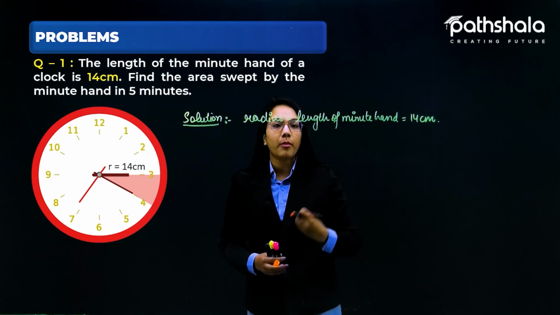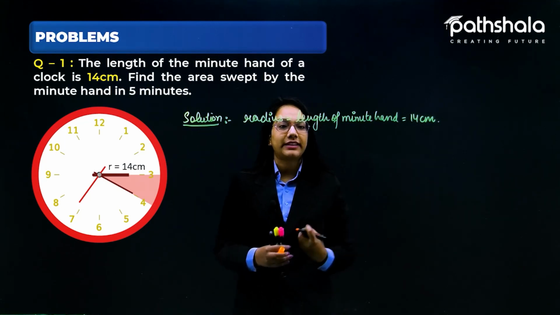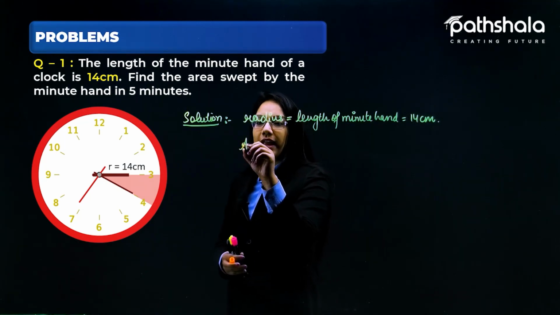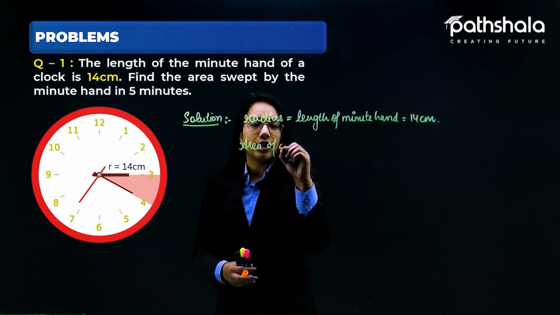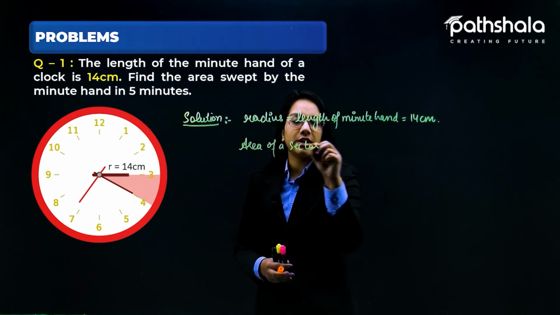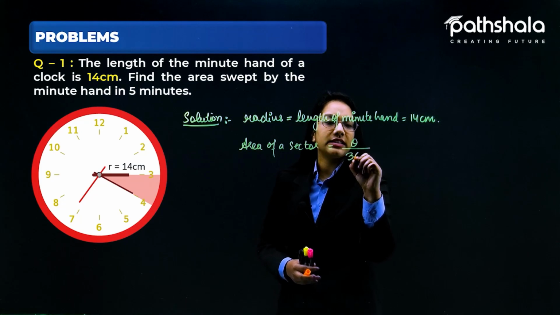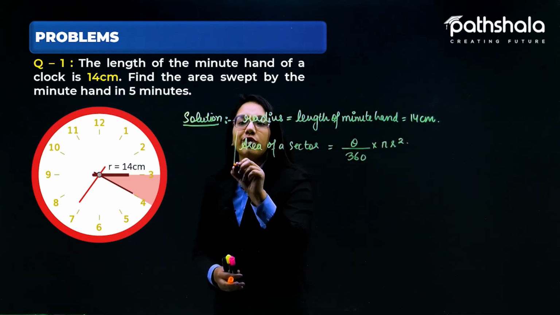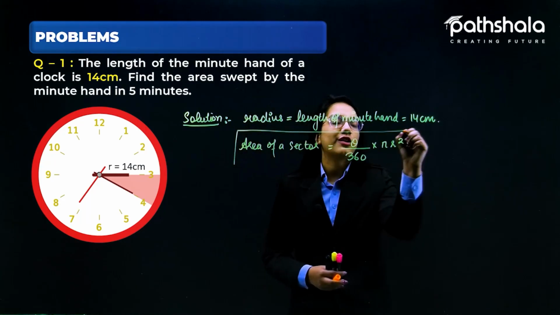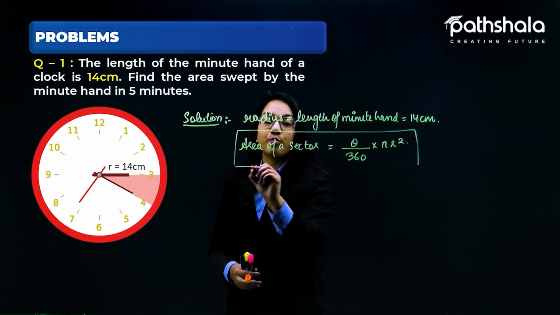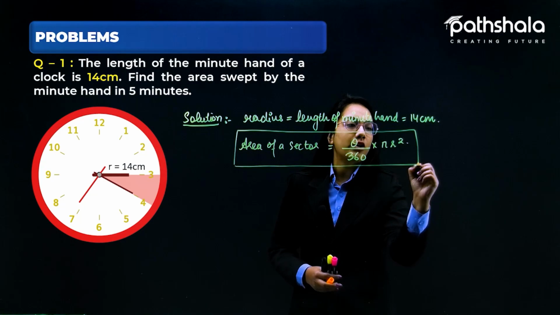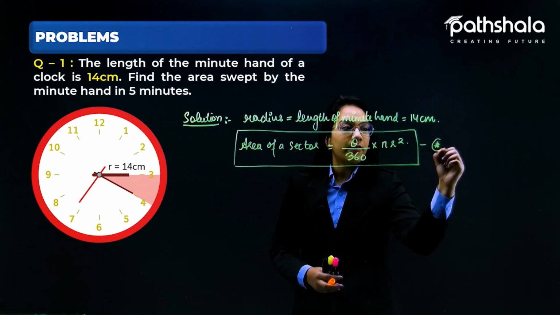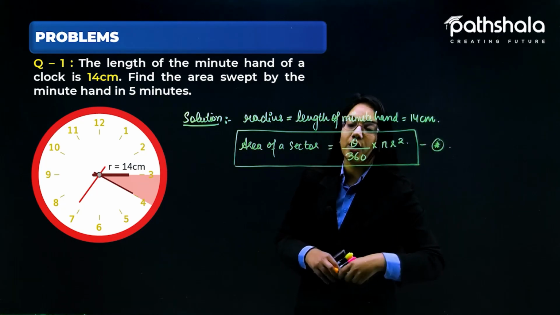And what do we know about the area of the sector? The area of a sector is equal to theta by 360 into pi r square. This is the formula through which we can find the area of this particular sector. So let me put it under a box.